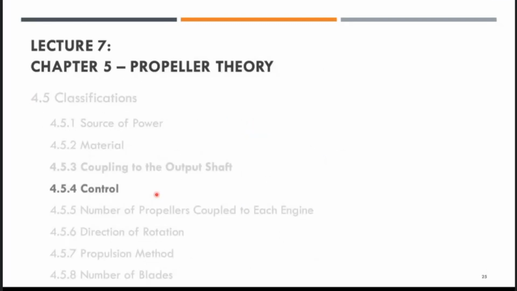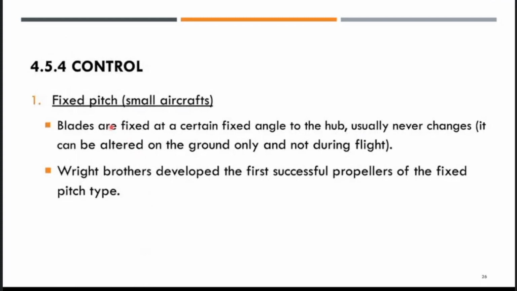And then talking about control, 4.5.4, we have fixed pitch, normally used for small aircraft. Blades are fixed at a certain angle to the hub and cannot be turned. It is fixed and usually never changes.